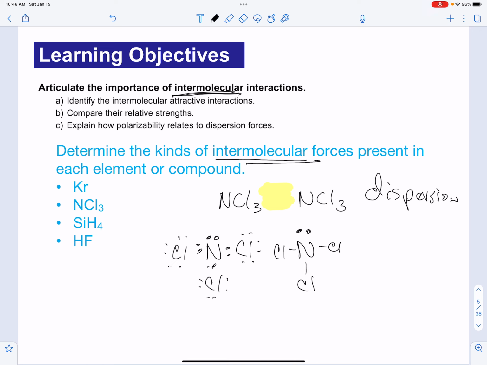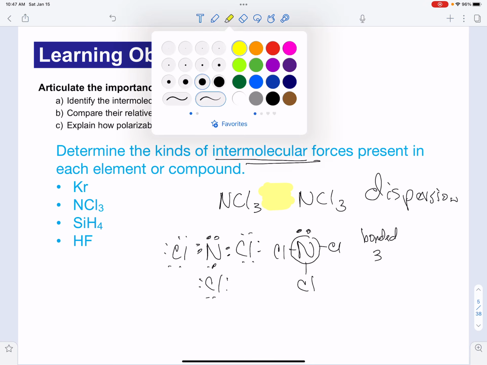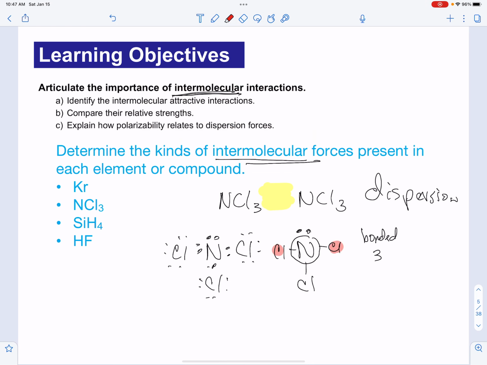However, to know if a molecule is polar, you cannot stop there. Now you're going to look at the VSEPR table, valence shell electron pair repulsion table, and you're going to see that the central atom has bonded atoms, 1, 2, and 3. So bonded, it has 3.